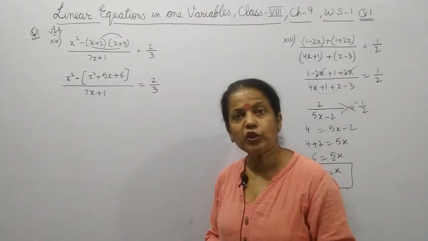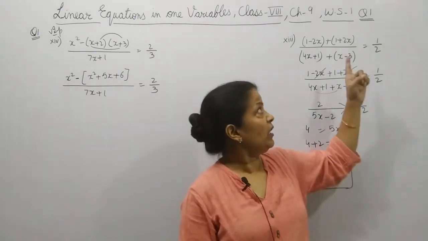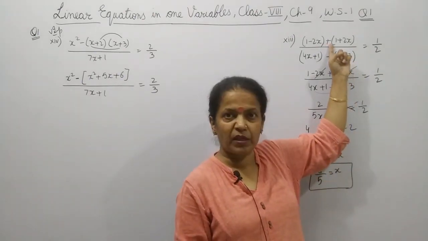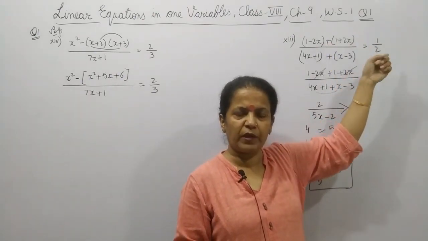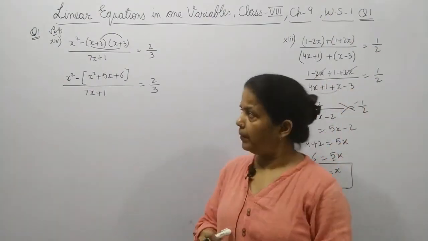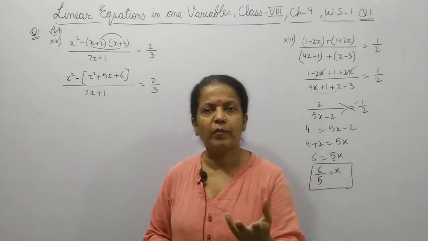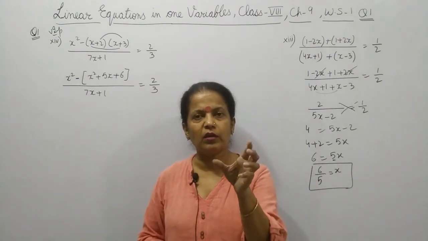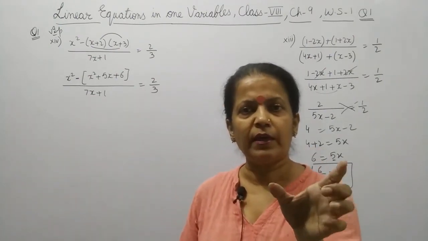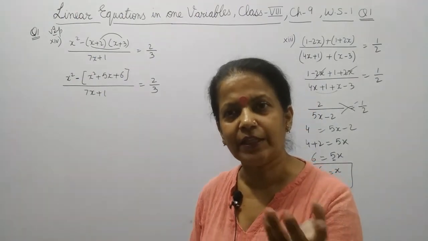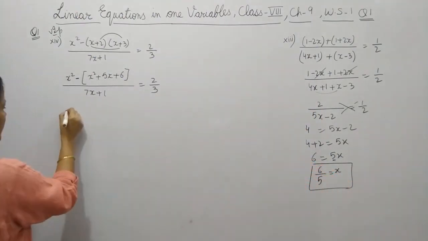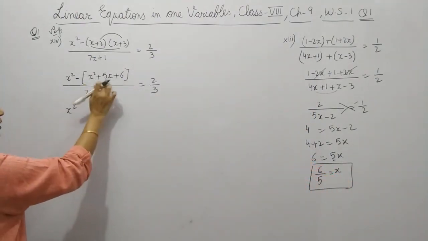Now, what should be the next step? As in this case there is a plus sign, you have opened the bracket as it is. But here it is a minus sign. So what happens with a minus sign? The terms written in the bracket, their sign will get changed. So we will change the sign of the terms written in the bracket.